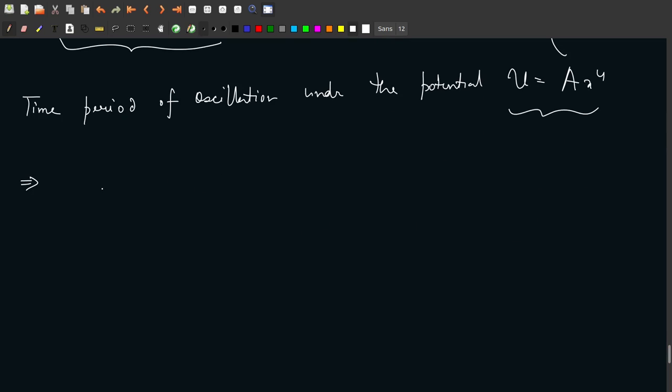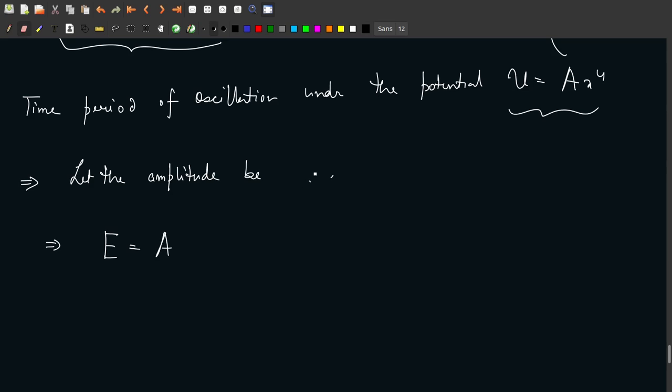So obviously since it is again a periodic motion, let the amplitude be a. Since energy conservation applies, since there are no external forces, at the turning points, that is when the mass is at a maximum distance, the total energy will be equal to a.